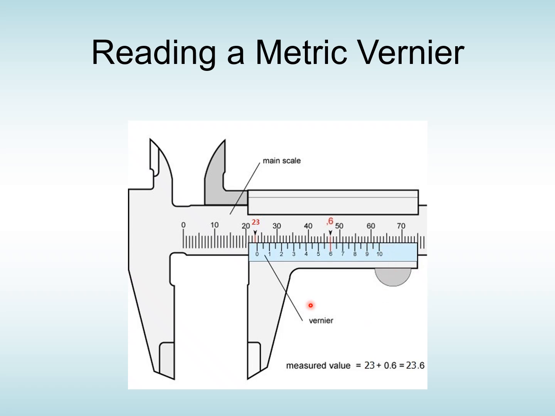If you were to read this, you would count 20, 21, 22, and it's just over the 23. So your first measurement would be 23, and then you look along the vernier scale until they line up. You can see that that one lines up with a 6, so that's 0.6, and you add them together and you get 23.6.